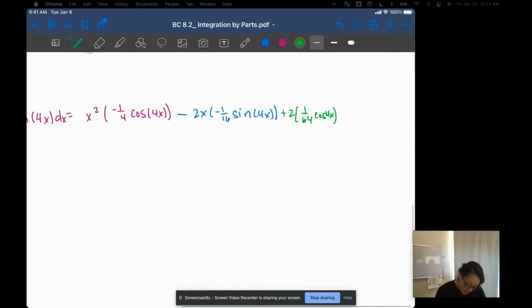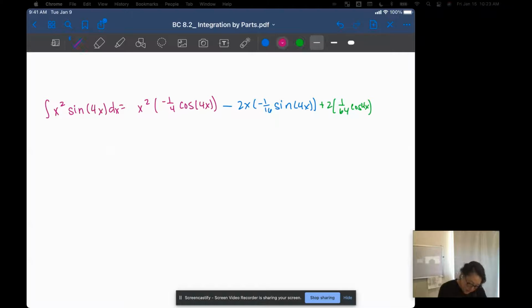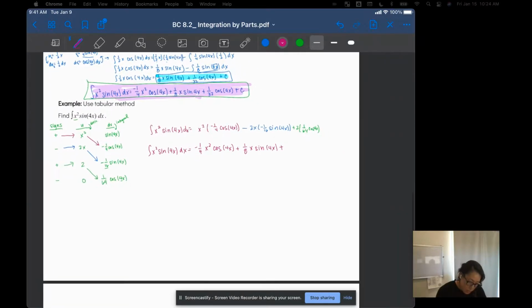And then I am going to simplify this to give me the integral of x squared sine 4x dx is equal to negative 1/4 x squared cosine of 4x plus, because it's a negative times a negative, and 2x times 1/16 gives me 1/8 x times the sine of 4x, plus 2.